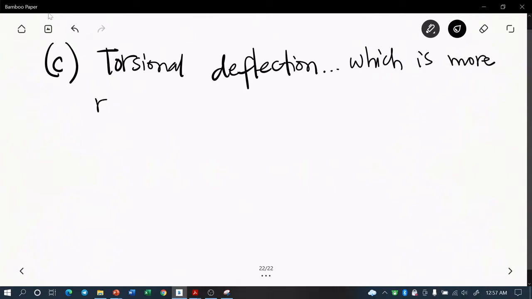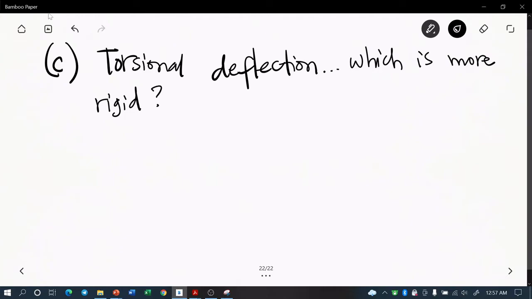Is it the hollow shaft or the solid shaft being more rigid? So we're going to find out once we solve the torsional deflection of each type of shaft.